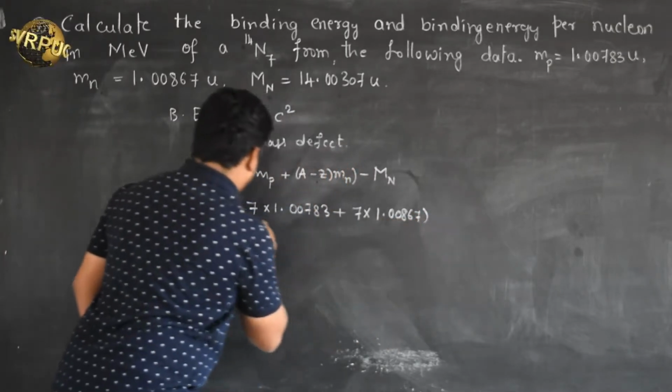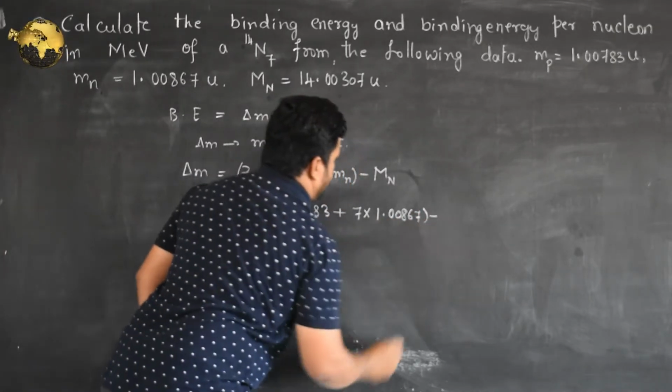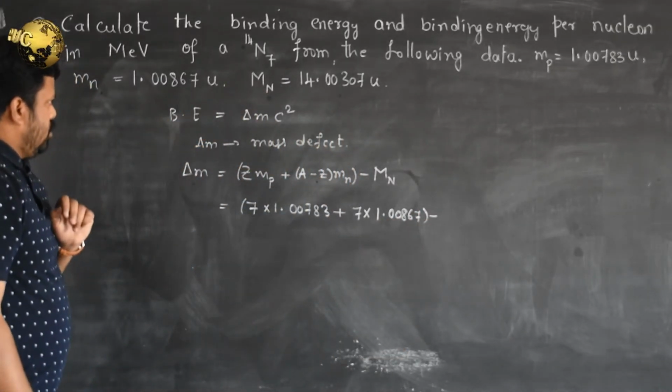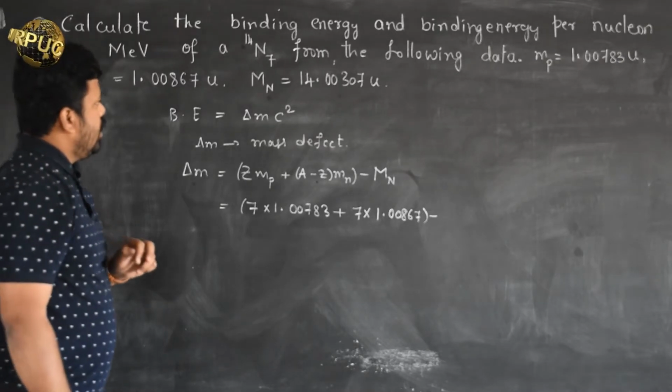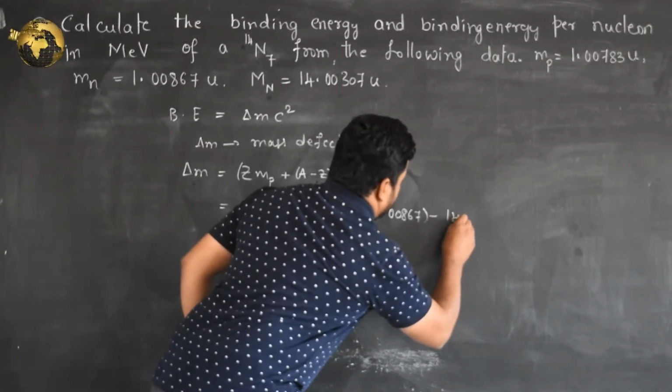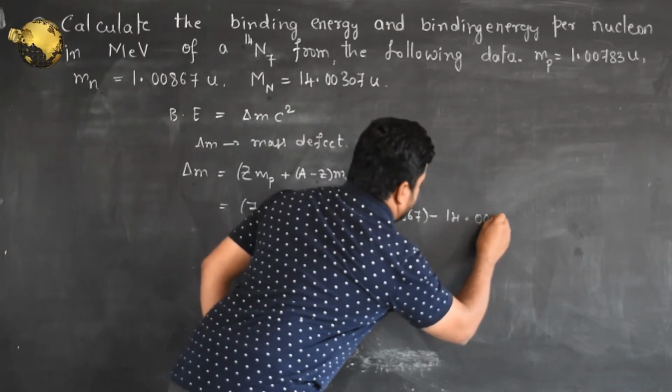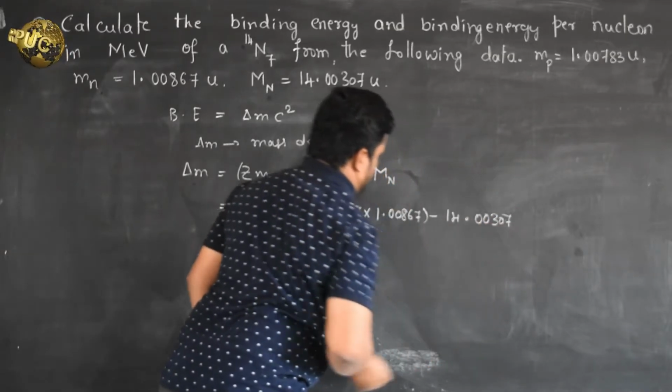1.00867, minus the mass of the nitrogen, 14.00307.